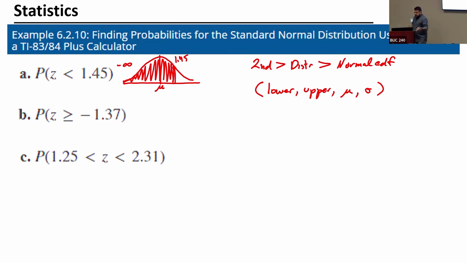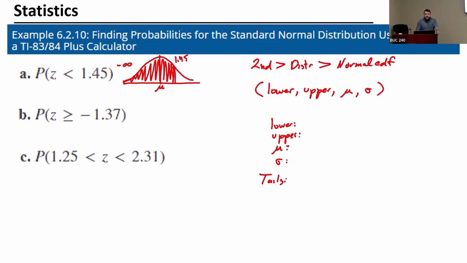Okay. For the rest of you, on the TI-83, it's going to look like this. Lower, upper, then they give you a symbol for mean and a symbol for standard deviation. And then they probably give you tails. Does it give you the tails on there?